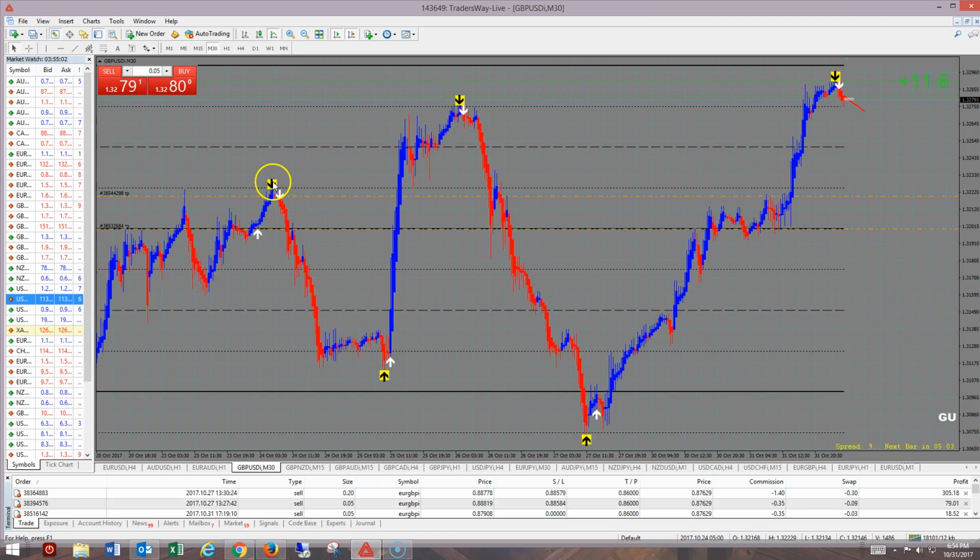So you get this signal first, and depending on what type of trader you are, how aggressive you like to be and whatnot, you can enter on this black arrow. As you can see, you can ride it all the way down to there. It's totally up to you. Like I said, it's a very strong signal.